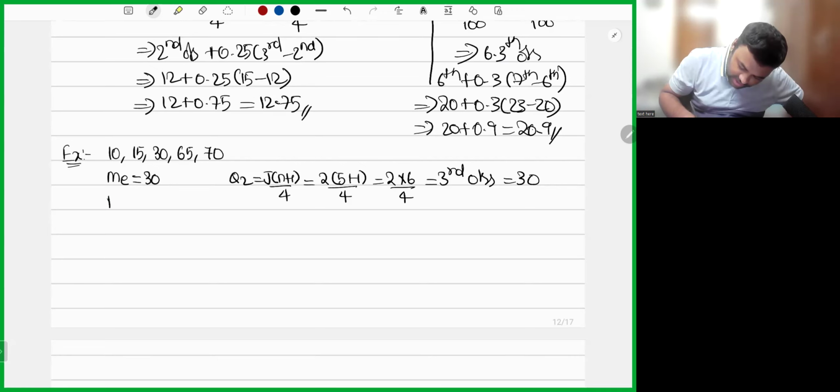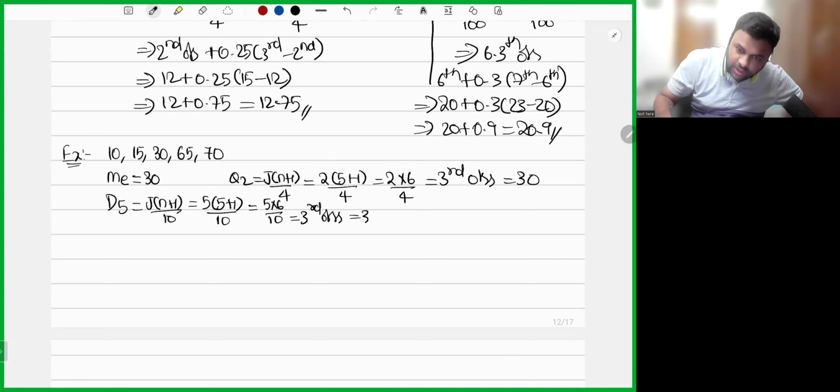In the same way, decile 5: j into n plus 1 by 10, 5 into 5 plus 1 by 10, 5 into 6 by 10, which is equal to the third observation. What is the third observation? 30. So can you see here, my dear friends?